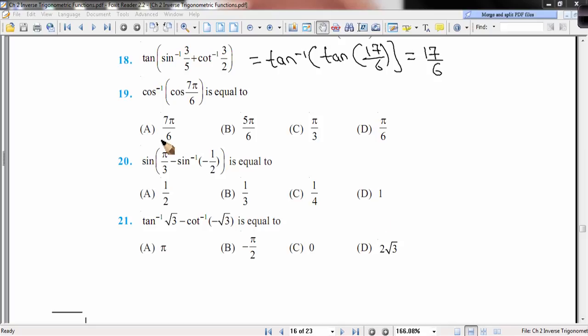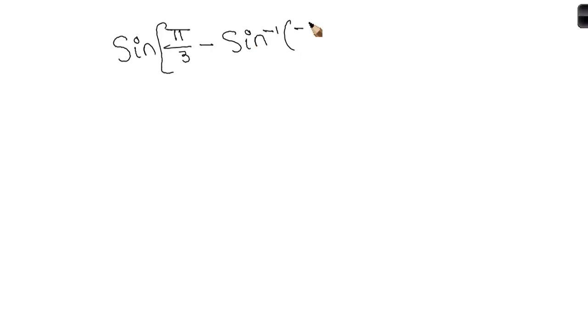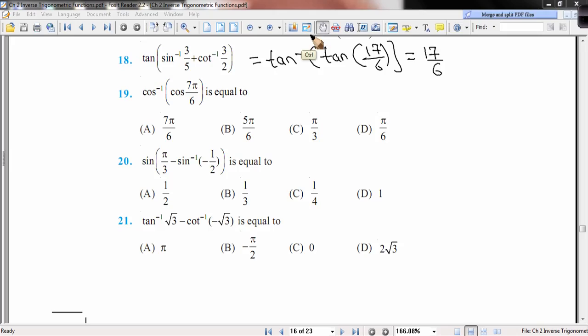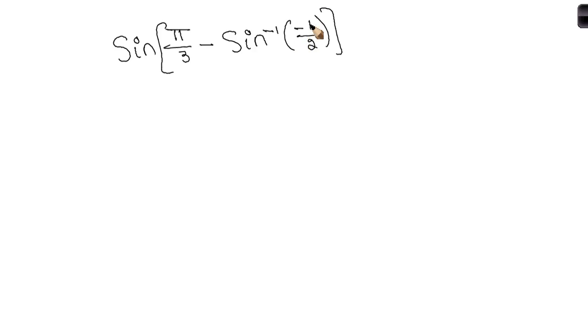Next question, sin of pi by 3 minus sin inverse of minus 1 by 2. So this becomes sin of pi by 3 minus sin inverse of minus 1 by 2.